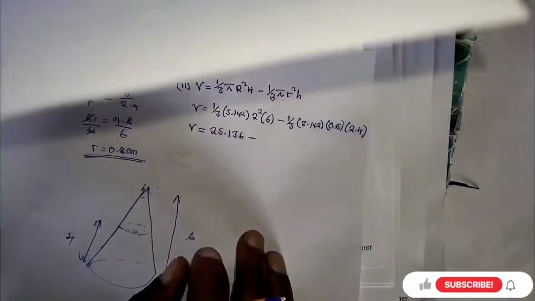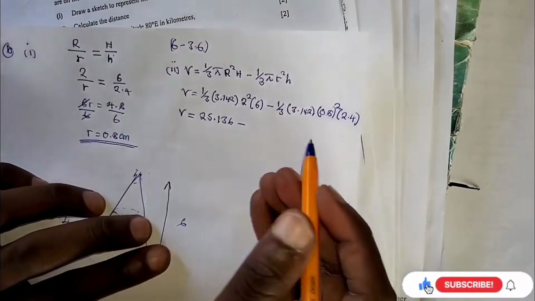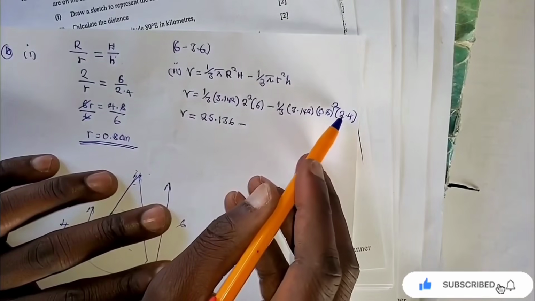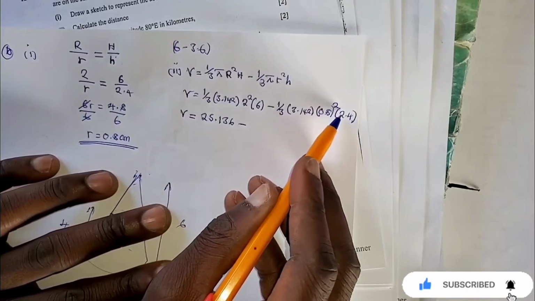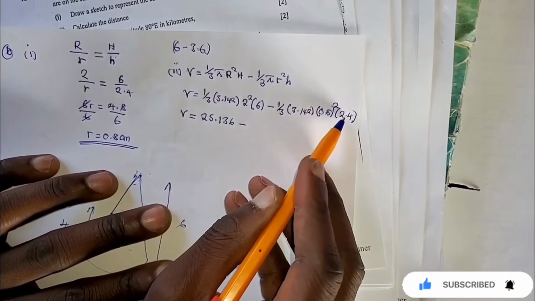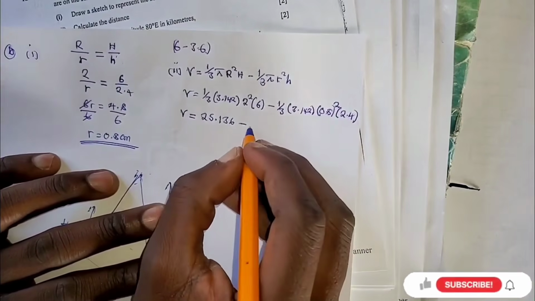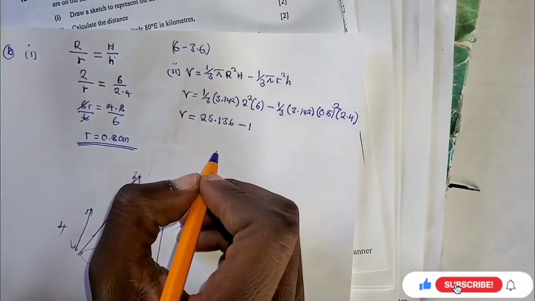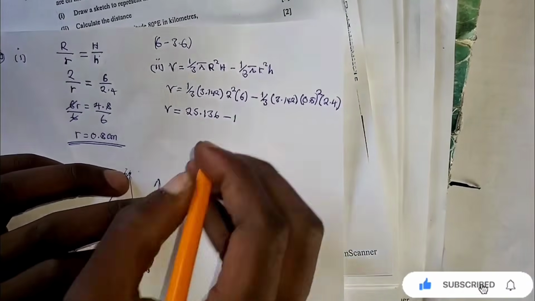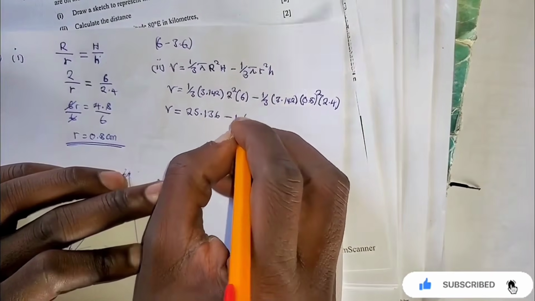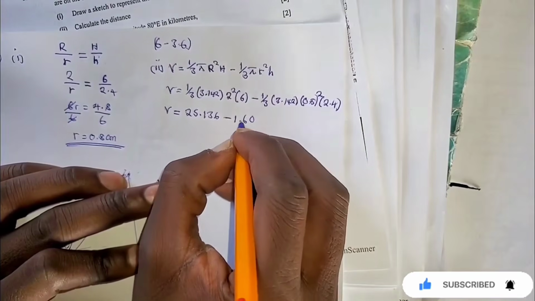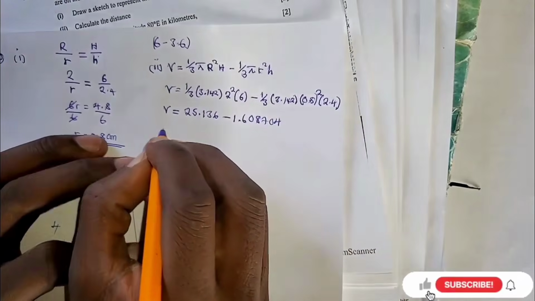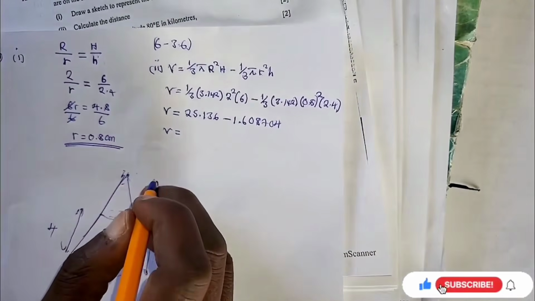So don't forget that the radius should be squared. Our height is 2.4. What's the answer? 1.608704, so the volume of the smaller cone is 1.608704.